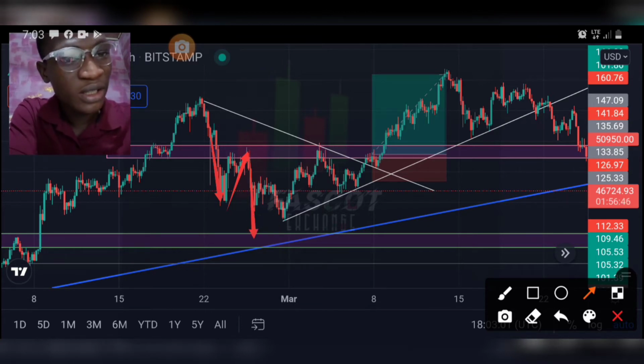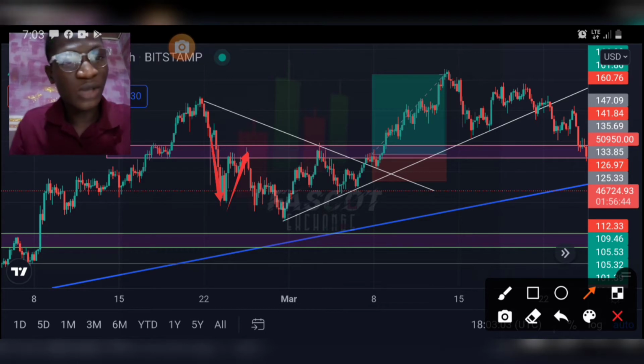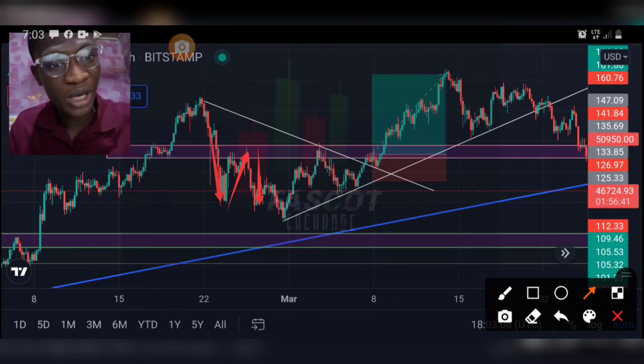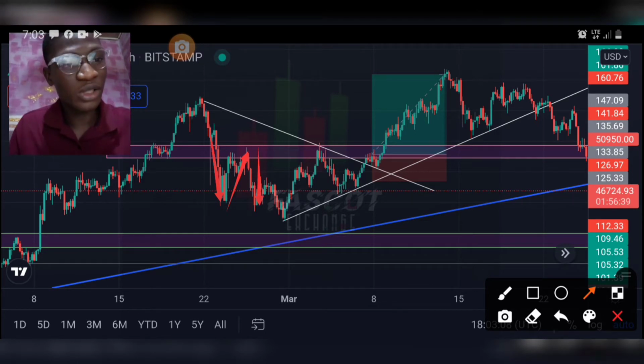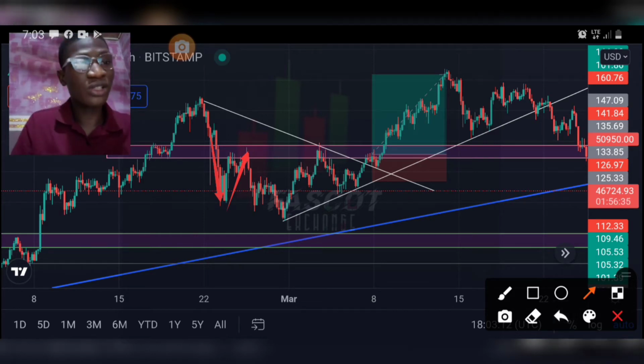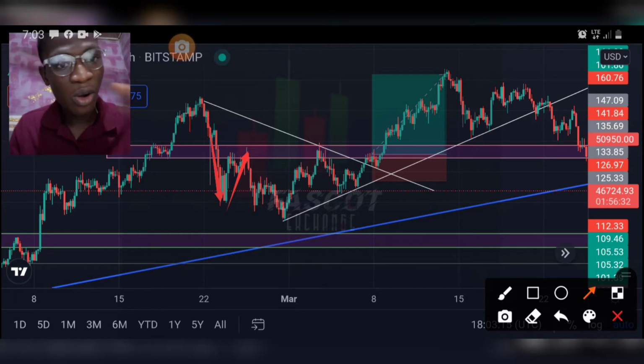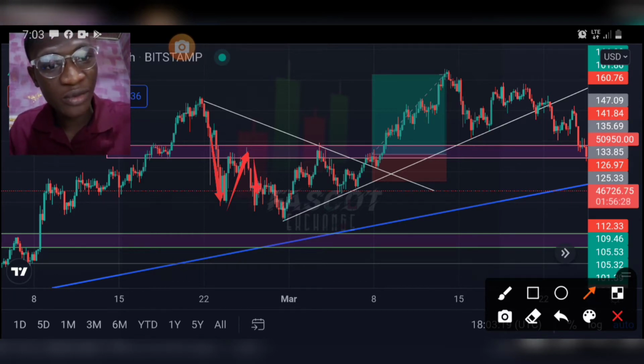It is now trying to give you a false breakout. In that false breakout, what do you expect? You were expecting the market to bounce back and then continue the trend, letting you know that the price is not going to fall, but it is in a very aggressive way trying to find ways to go back.